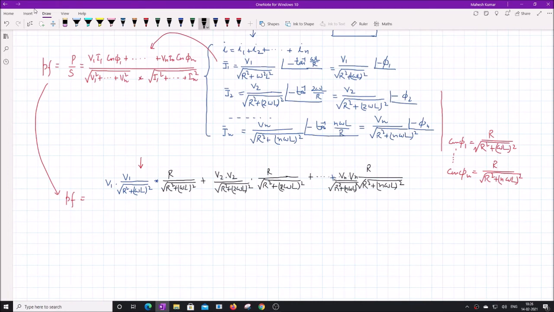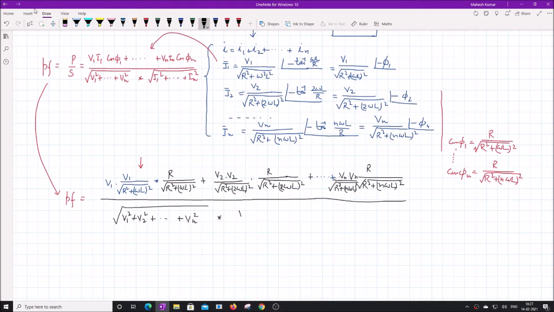And the whole thing is divided by the RMS values of voltage and currents. So this is the square root of V1 squared plus V2 squared till Vn squared, into the current RMS, the square root of I1 squared.